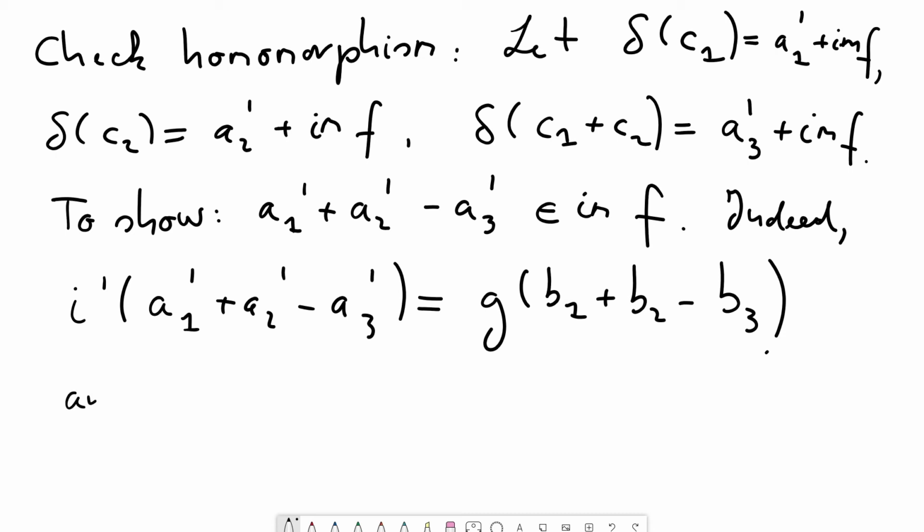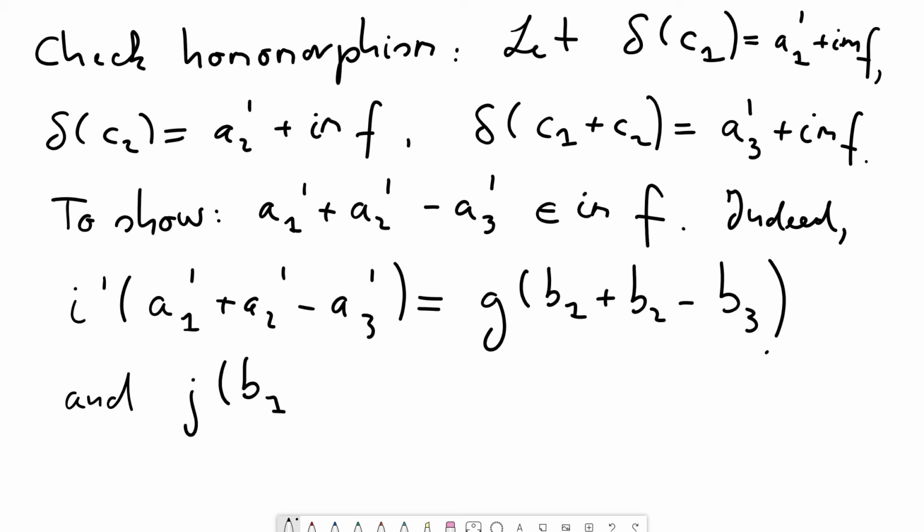And now I have got an element of B prime here. But this element inside the parenthesis is an element of B, and there's only one thing I can do with elements from B: I can apply J to it.